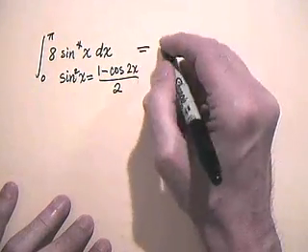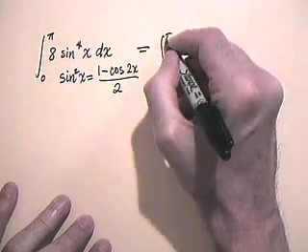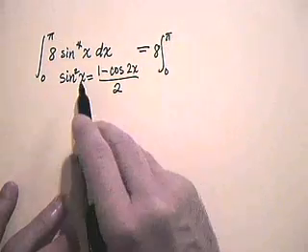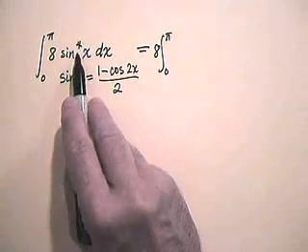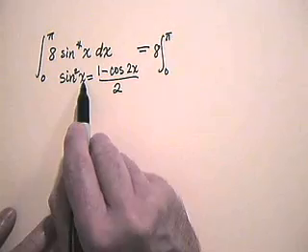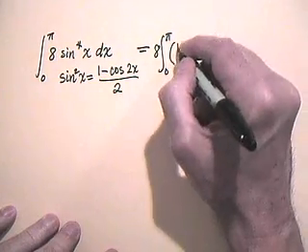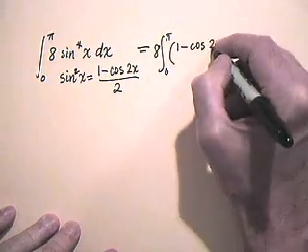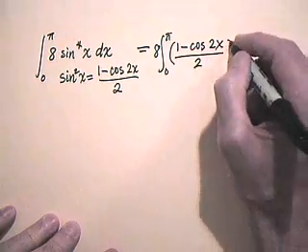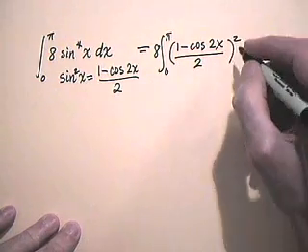And so now we have the integral from 0 to pi. I'll pull the 8 out. Sine to the 4th, well, that's sine squared quantity squared, so we have 1 minus cosine of 2x all divided by 2, and that quantity is squared.